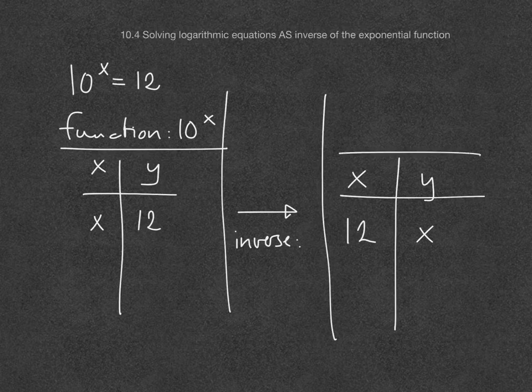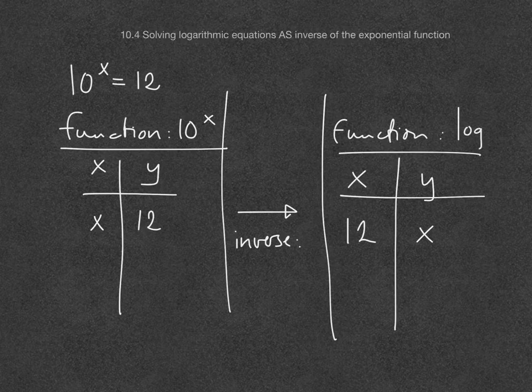And the function in this case, we know that the logarithmic function is the inverse of the exponential function. So this would have to be an exponential, this would have to be a logarithmic function.